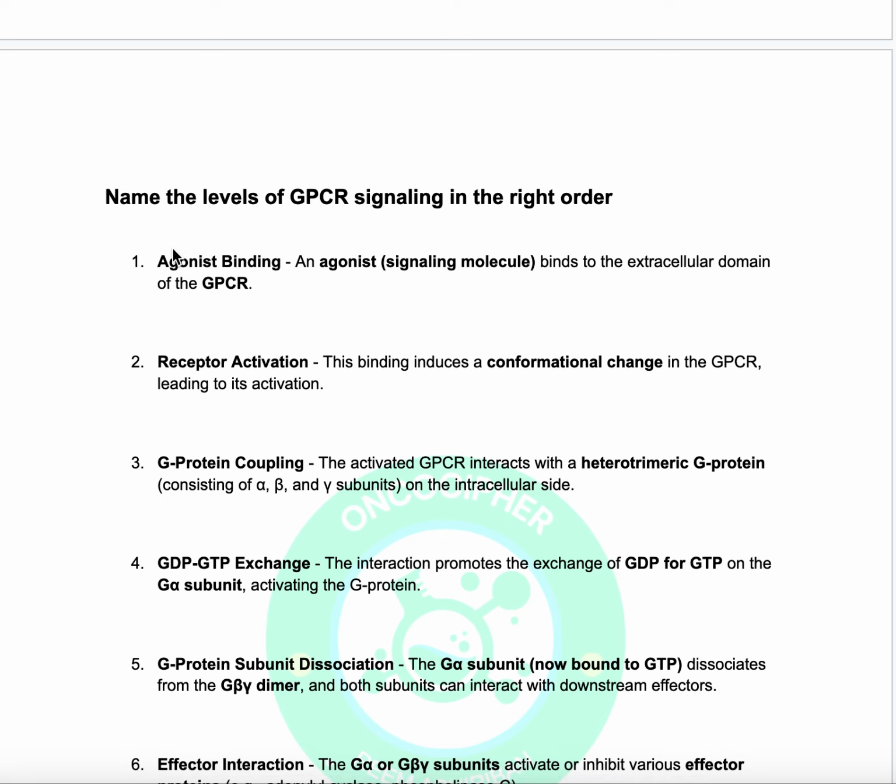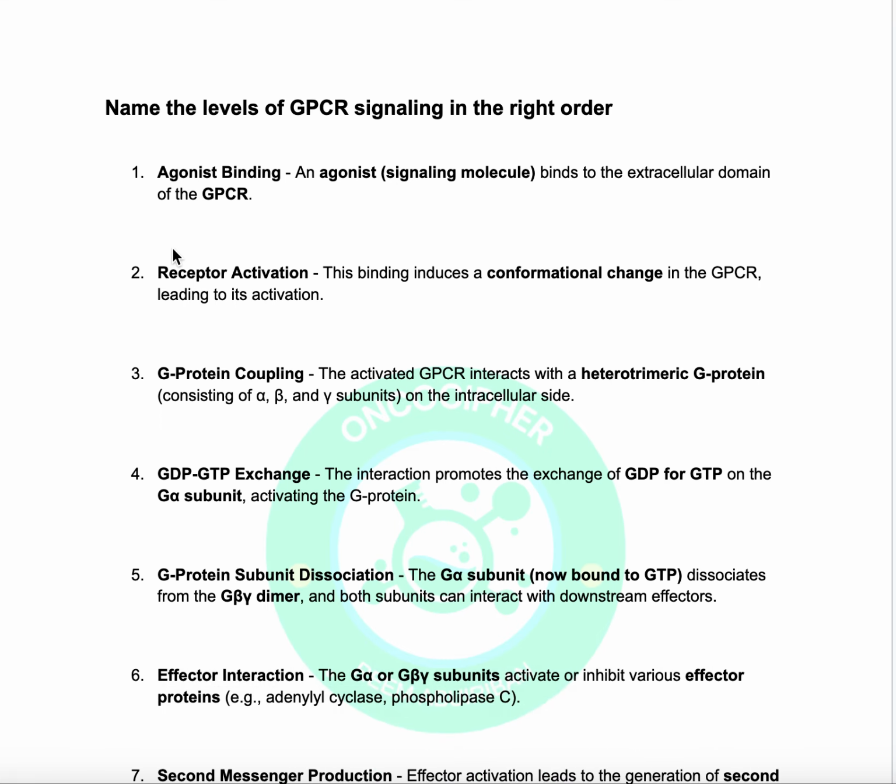Question number 3, name the levels of GPCR signaling in the right order, like what happens. So the first step is agonist binding. An agonist, a signaling molecule, binds to the extracellular domain of the GPCR.